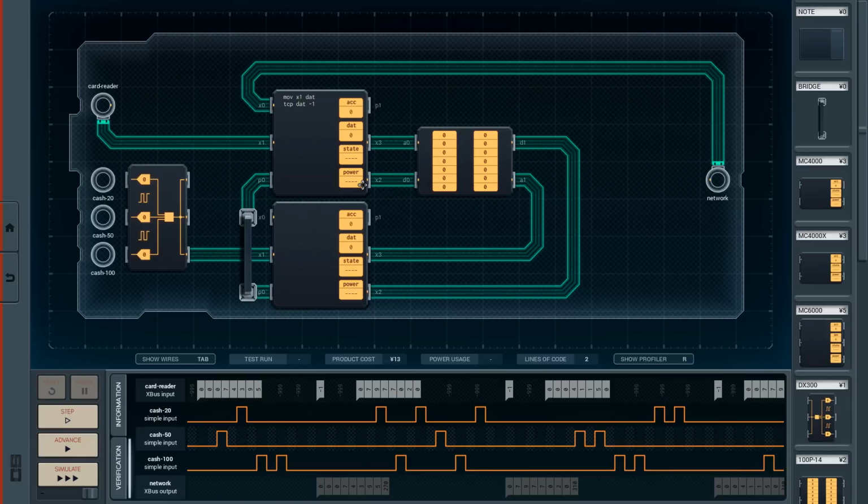If it's greater than that, super easy, we just move the DAT register into X2, which is into the memory, and jump back to the start.